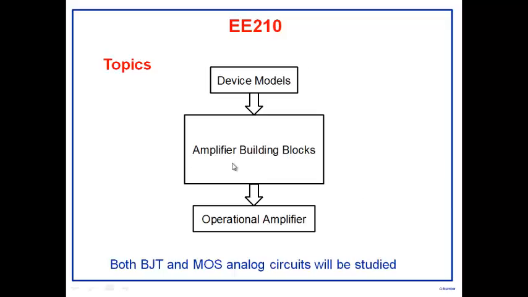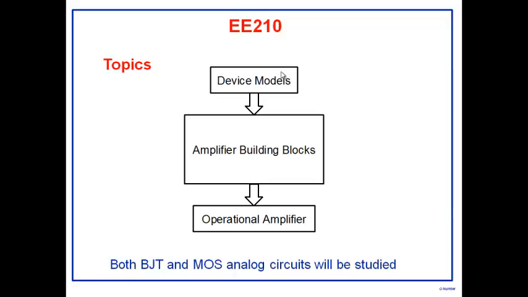And as we said, towards the end we'll try and integrate them and make an operational amplifier. Now, before we do that, we need a couple of lectures of discussion related to models, device models, meaning models for PN junction diode, bipolar, and MOSFETs.